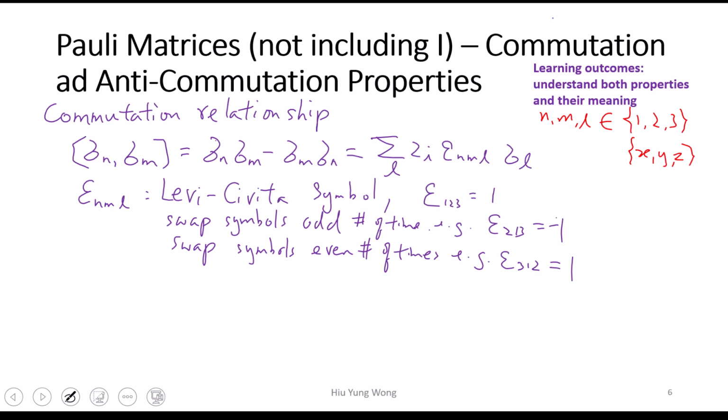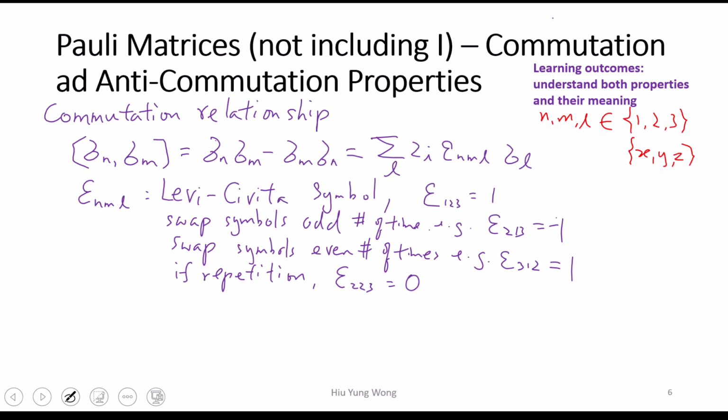It's just a definition, right? But if there is a repetition of the symbol, for example, epsilon 2, 2, 3, then it would be 0. Is that okay?